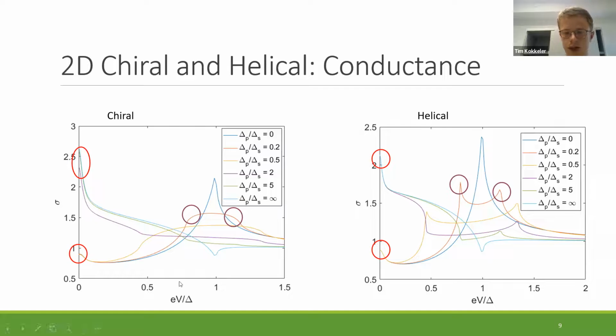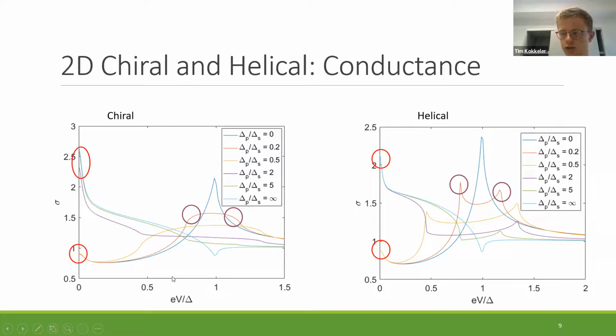On the other hand, if the s-wave component is dominant, this large zero bias conductance peak is absent. So there are also some differences, like for the zero energy peak in the density of states, the zero bias conductance peak is robust against inclusion of an s-wave component for the helical case and not for the chiral case.